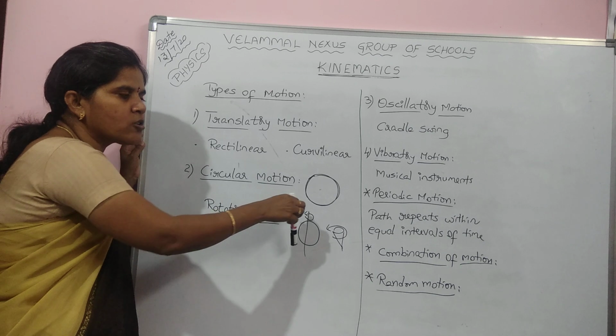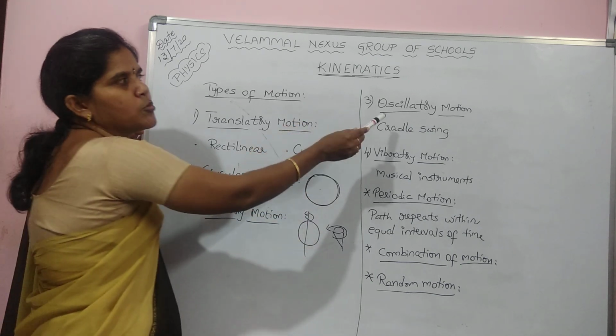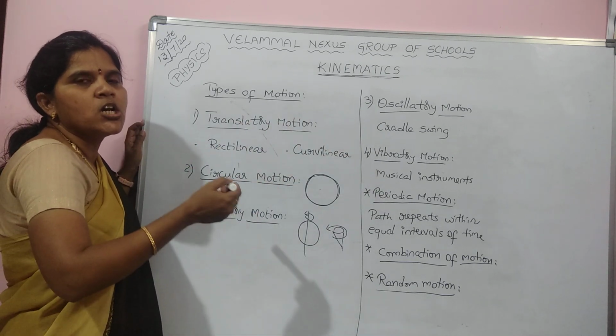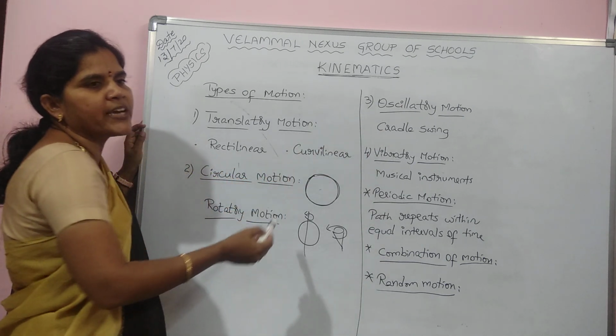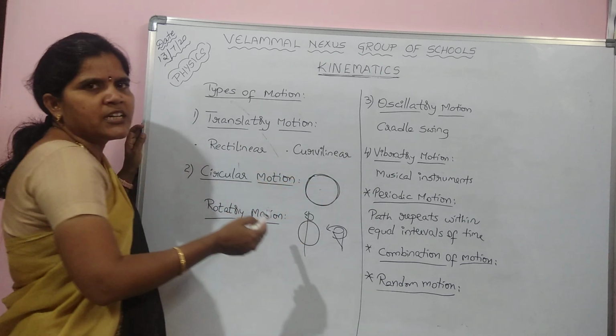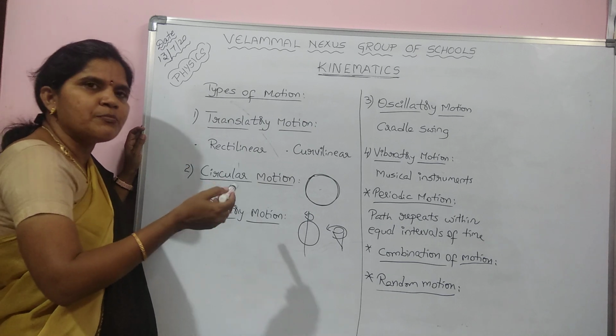If a body rotates on its own axis, then it is rotatory motion. Oscillatory motion: if a body makes oscillations, the to and fro motion of a body on its mean position, like swinging of a cradle swing or a pendulum. Vibratory motion, which you will see in musical instruments, is also the to and fro motion of the body on its mean position.